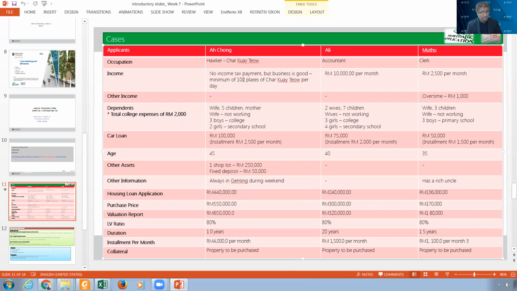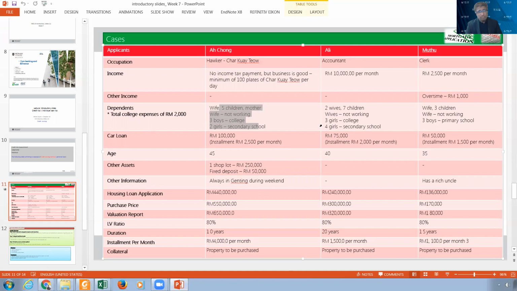Whatever the situation, you can calculate approximately how much each one makes a month from their pay slips. You can find how many dependents they have, if you collect this information, and how much they have in other loans.